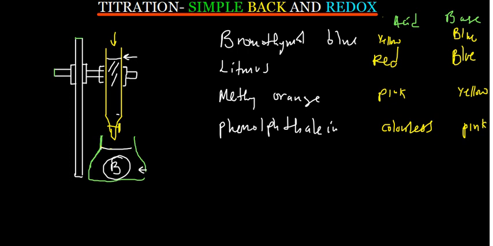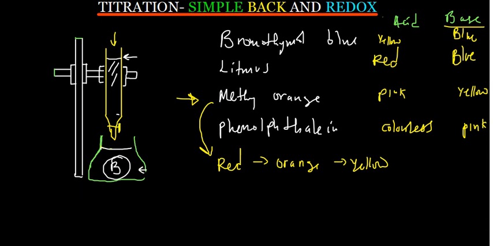For methyl orange, some questions will come. What will be the color changes when you start titrating? So in very strong acids, for methyl orange, the color is red. As the acid reduces concentration, the color is orange and then yellow. It is also yellow in a base, meaning that when you are using this methyl orange, you are going to use a base here, because in a base it is going to be yellow.